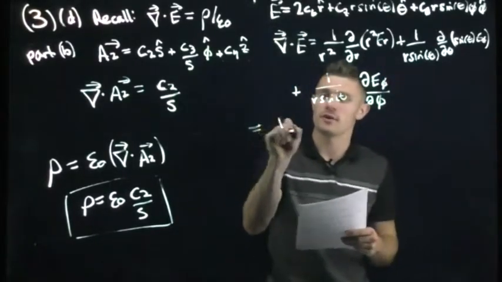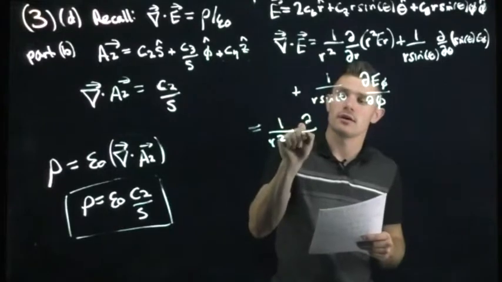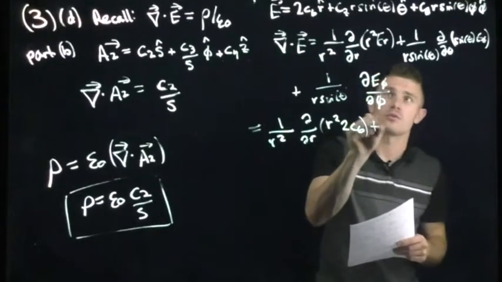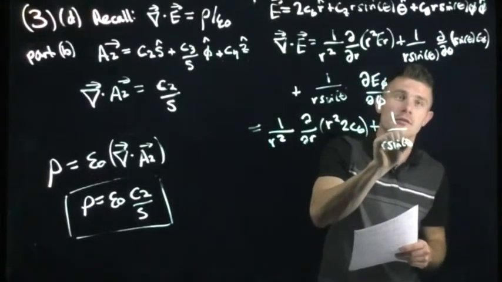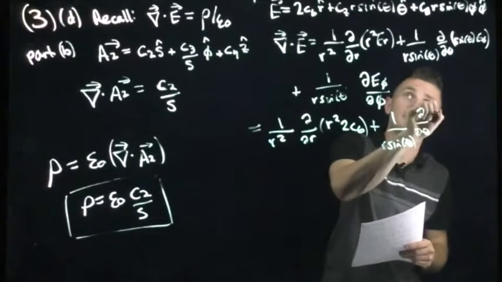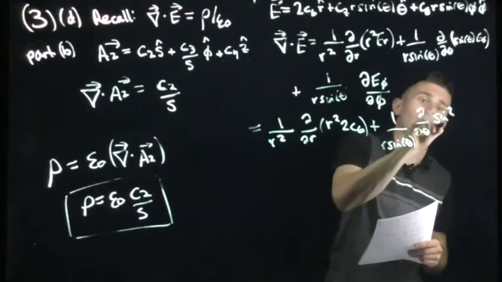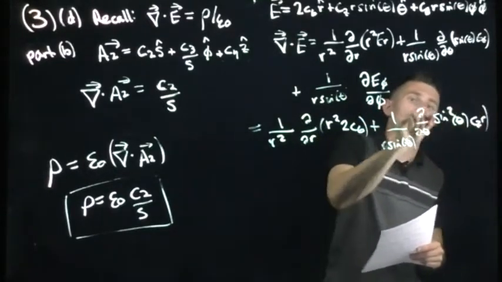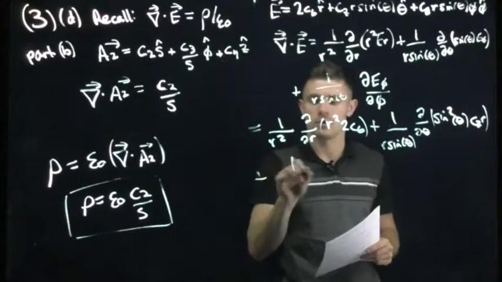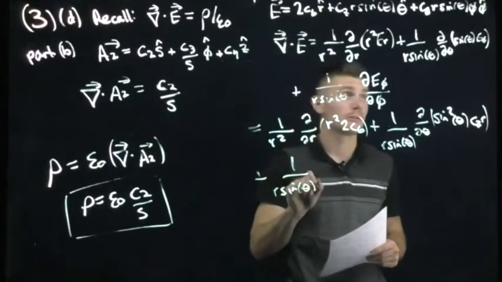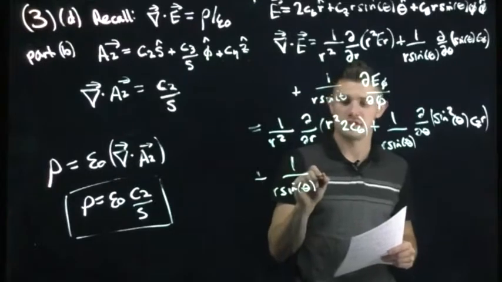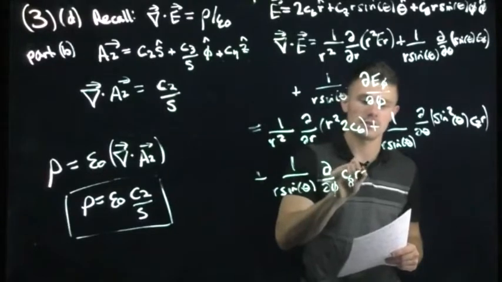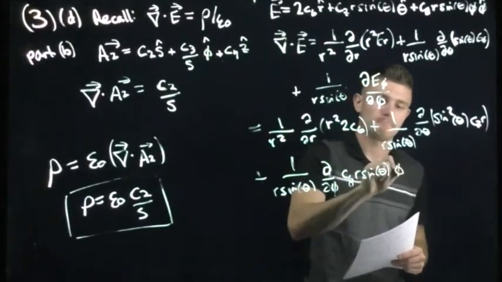And we take these derivatives, we have 1 over r squared d by dr of r squared 2C6 plus 1 over r sine theta d by d theta sine squared theta, another sine theta above, C7 r, and then plus 1 over r sine theta dE phi by d phi, which is d by d phi of C8 r sine theta phi.